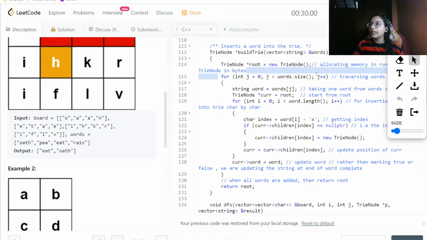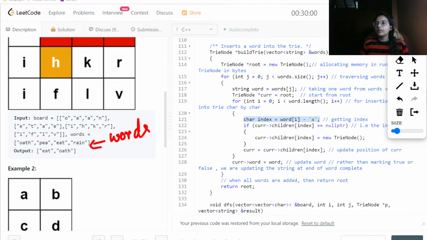Now in this particular thing, what we are doing is that whatever word is being given to us, from that vector of strings, as per the length of that, we are first extracting the first word which is being given to us there, and then starting from the root, we are checking for that word which we have just recently stored. Then this first word which is there, that we are storing here.